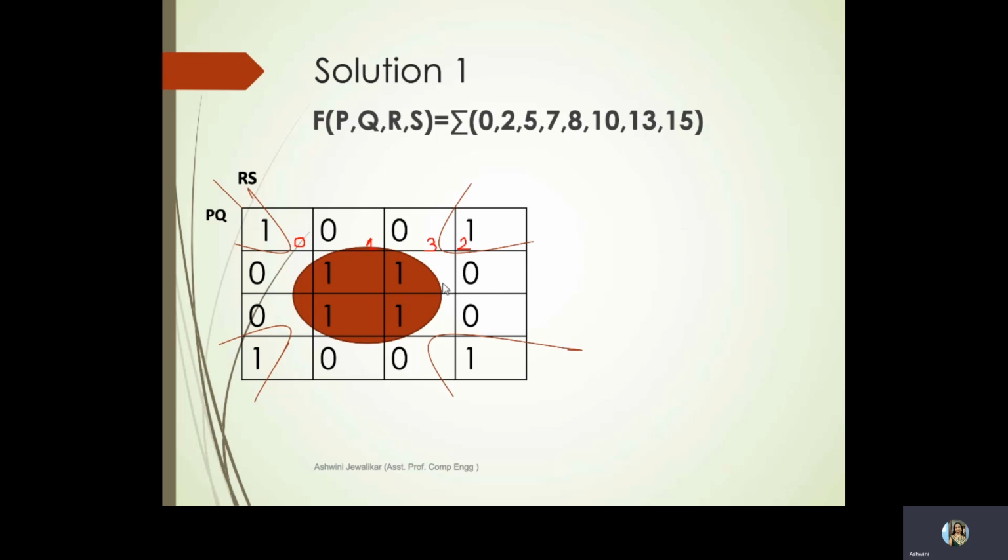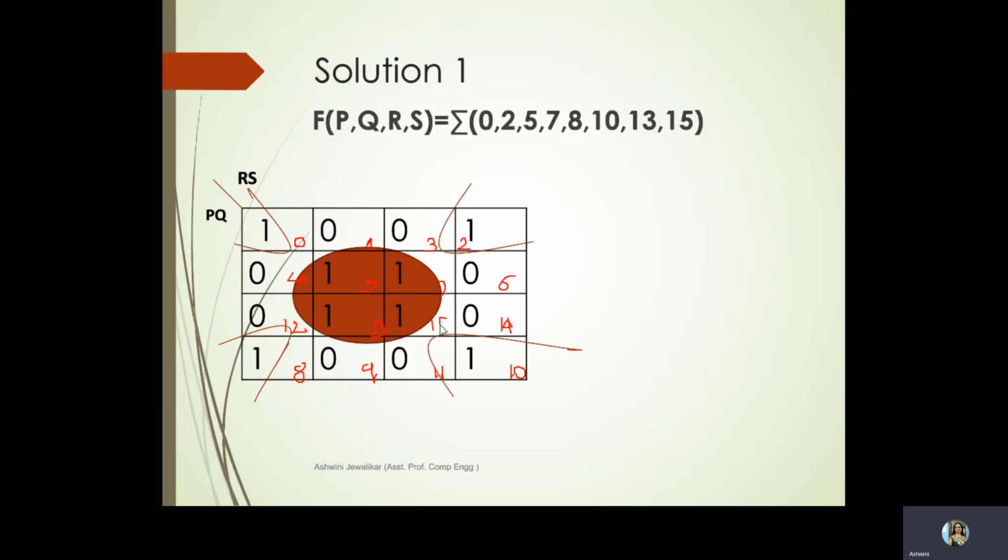This is how we write the positions. This is position 4, then position 5, then position 6 and 7. This is position 8, 9, 10, 11. This is position 12, 13, then 14 and 15.